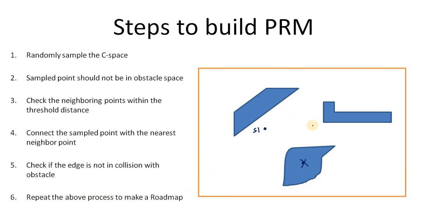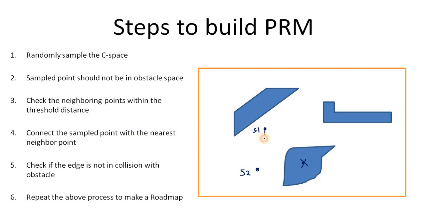So from here we repeat that. Let's take a second sample also. Let's say the second sample is here, S2, and from here we can now apply these steps. Check the nearest point within the threshold. S1 is the nearest point, which is the only point. Connect the sample point with the nearest neighbor point.